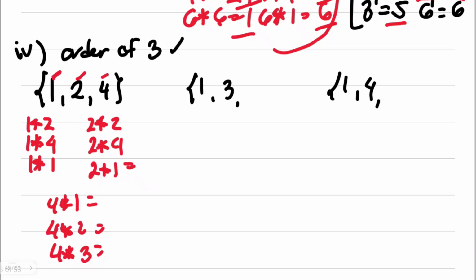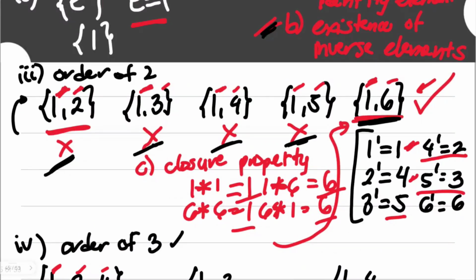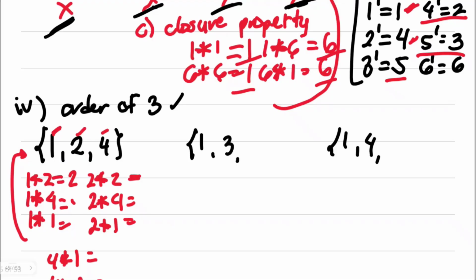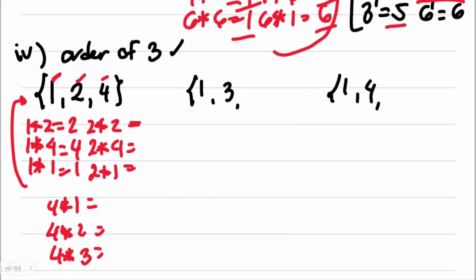We will be trying all of these and verify whether the results would still be included here for closure property. Take note for 1, since 1 is the identity element, it will not change the values. This is still 2, 4, and 1. This is 2, this is 4 as well. Because when we operate any element by 1, it's itself.